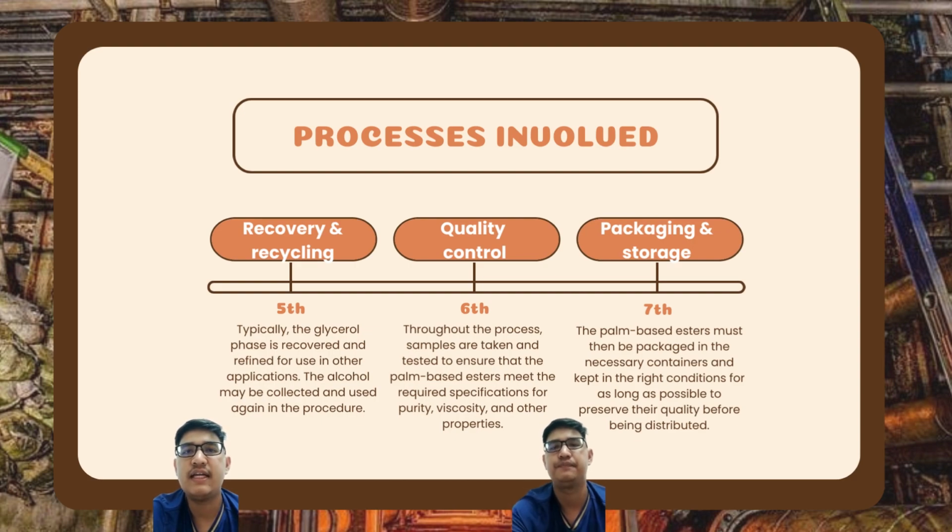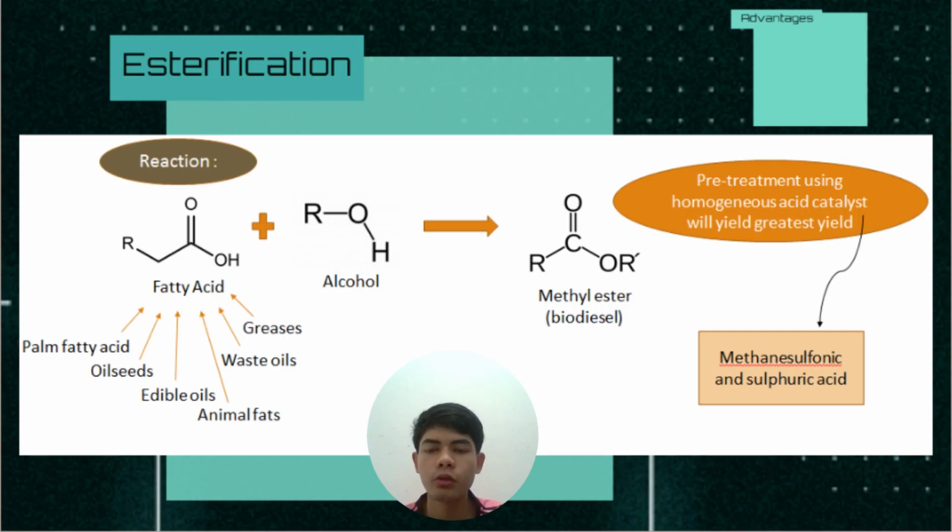So for the next part, I'm going to share about the esterification that occurs in the palm ester reaction system. Let me brief about the esterification first before we go deeper. Esterification is a reaction in which alcohol reacts with an acid to form an ester and water as the products.